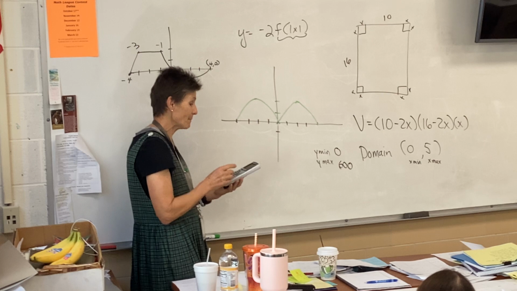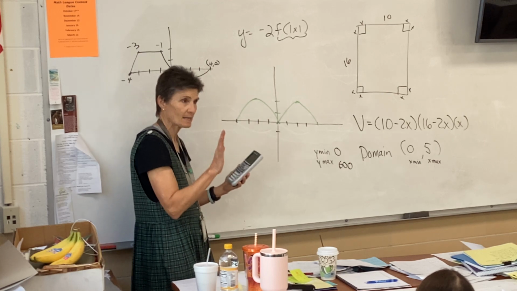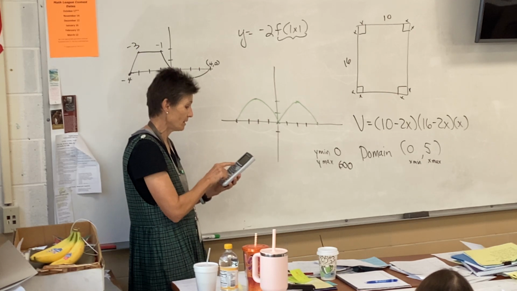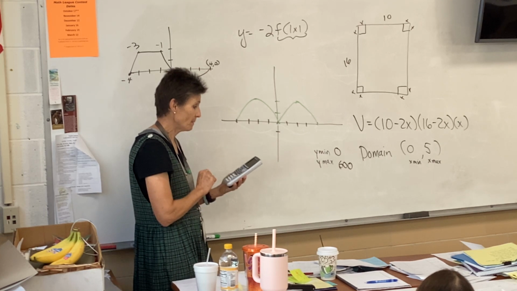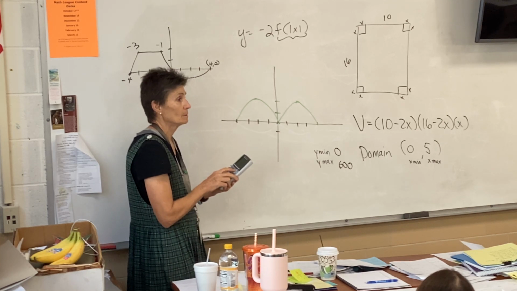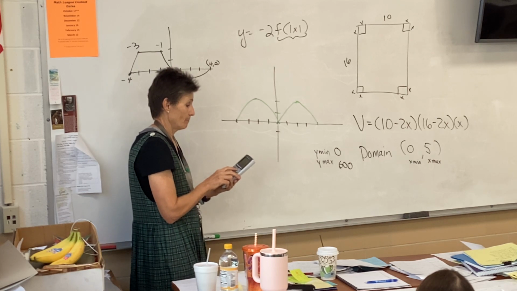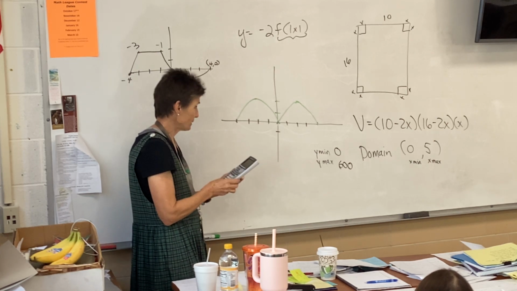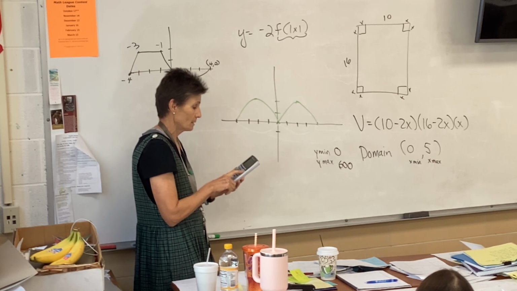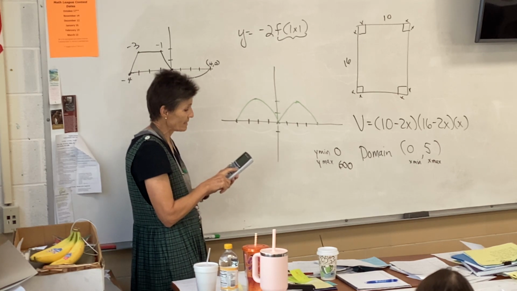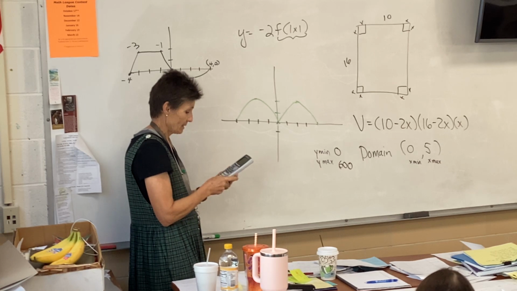Alright, so I see my mountain. It's kind of a short mountain, but that doesn't matter. As long as I see the top, I'm good. So second calc, maximum. Set my left bound anywhere over on the left side of the mountain, hit enter. Move it over to the right side of the mountain, hit enter.